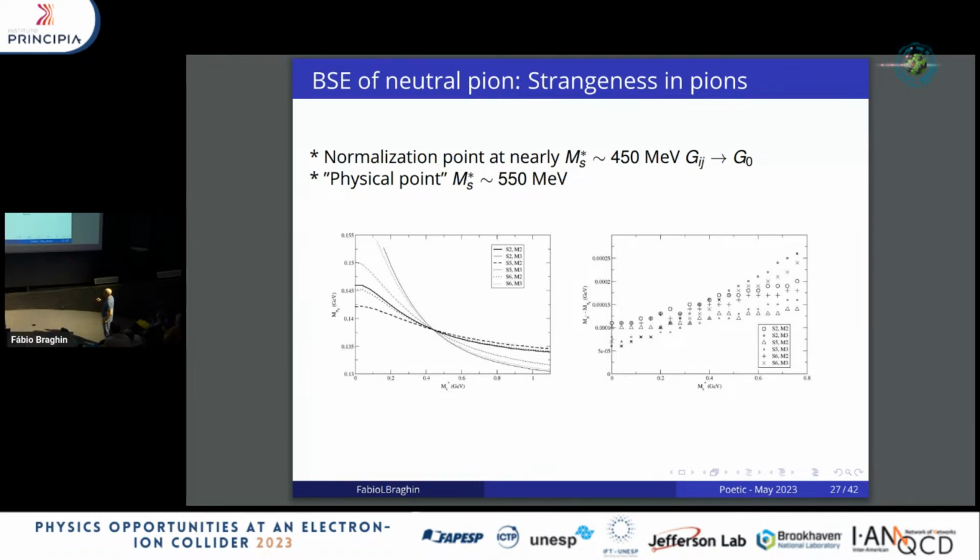quarks. And here is the difference of the charged pion mass with the neutral pion mass as a function of the strange constituent quark mass for different sets of parameters. And note that this difference is, I forgot to put the reference, but it's known that this mass difference, most of it is of electromagnetic origin.